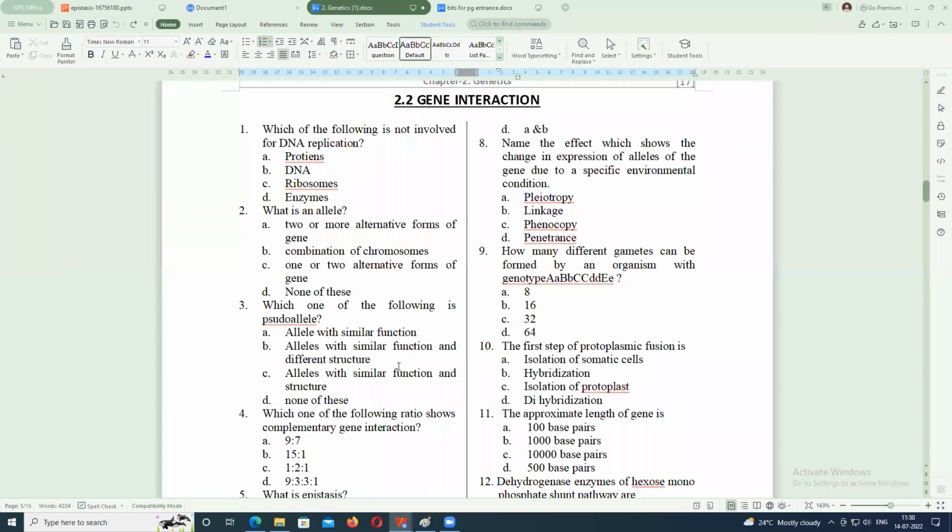Which of the following is a pseudo allele? Allele with similar function and structure, ma'am. Similar function. Allele with similar function. Right answer is B, ma'am.